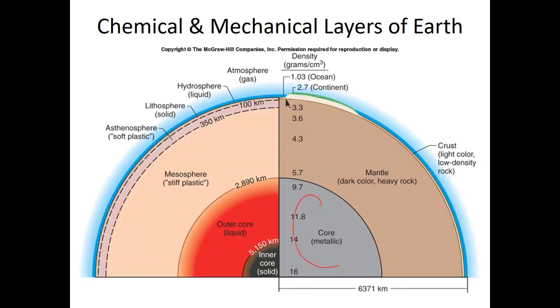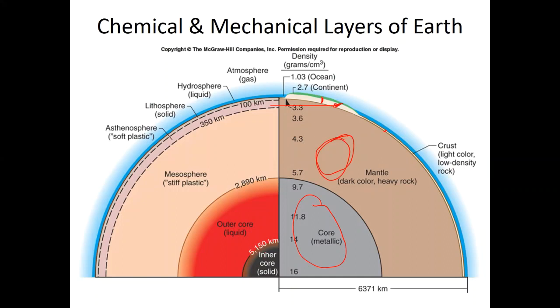So we have the metallic core, the iron-rich rock, the mantle, the metal-rich rock of the mantle, and the metal-poor rock of the crust. And there are two types of crust: the thicker continental crust made up of mostly granite, and the thinner oceanic crust made up of mostly basalt.